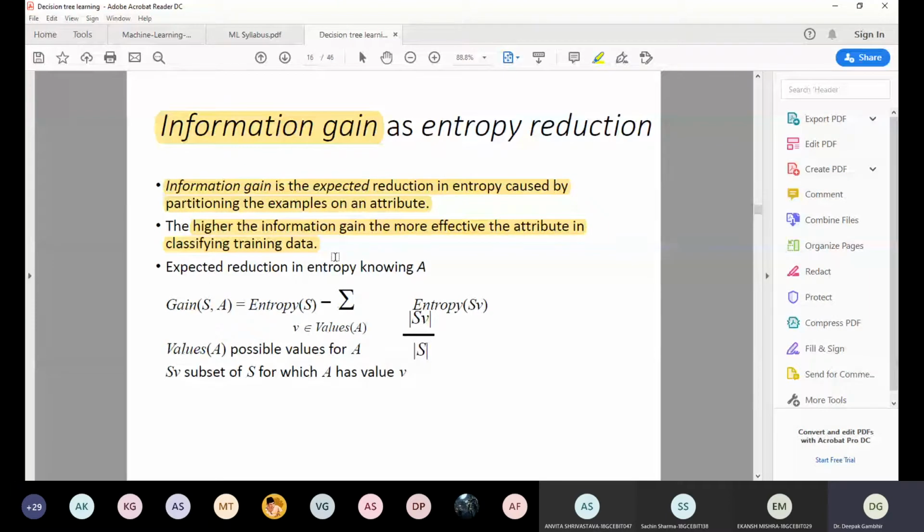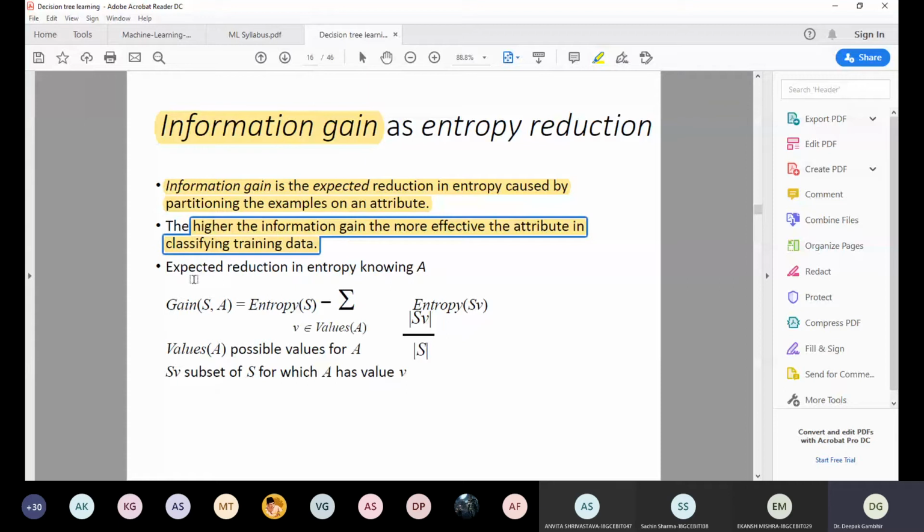For example, there are outlook, wind, rain, as we have seen in the previous examples, and we kept finding what the output could be: whether play tennis is yes or no. So our target is classifying the training data. The higher the information gain, the more effective the attribute. We make the decision tree with the highest information gain at the top.